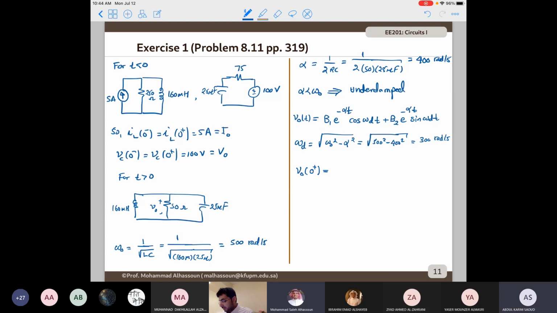If you substitute 0, you'll get B1. So what's the initial voltage? It is going to be the initial voltage across the capacitor, right? Because this one is in parallel with the capacitor. So B1 is 100 volts.